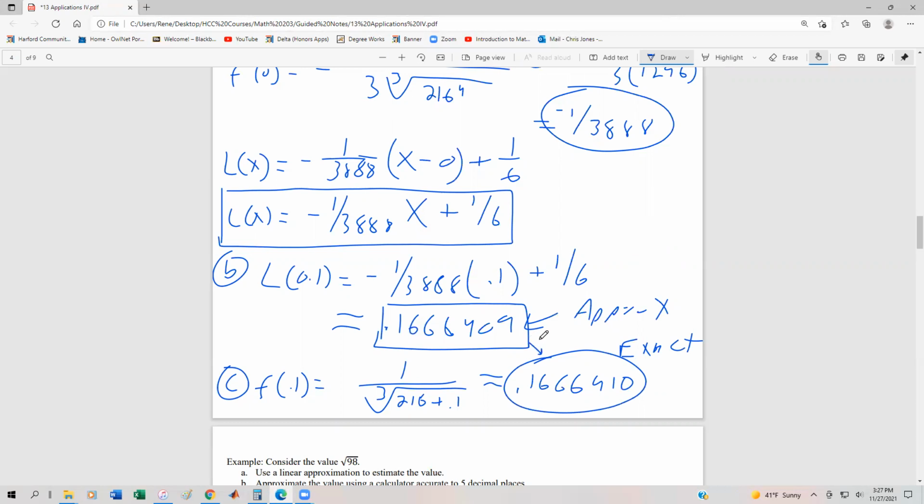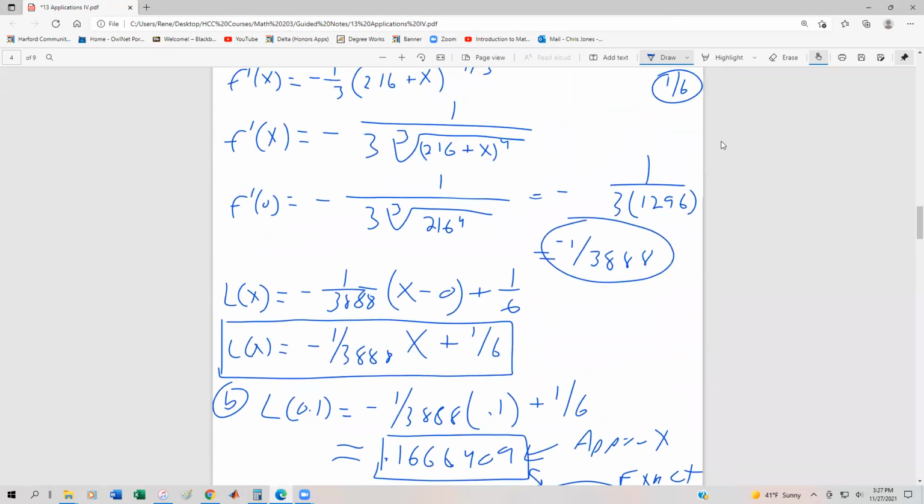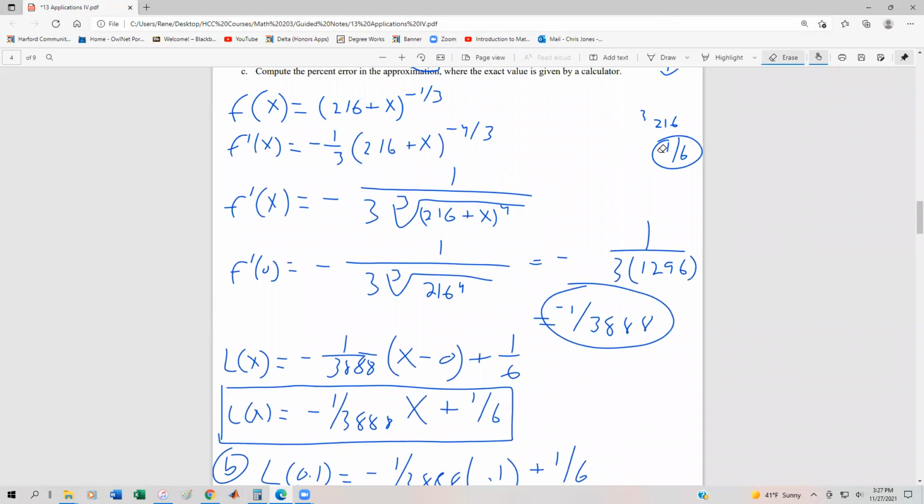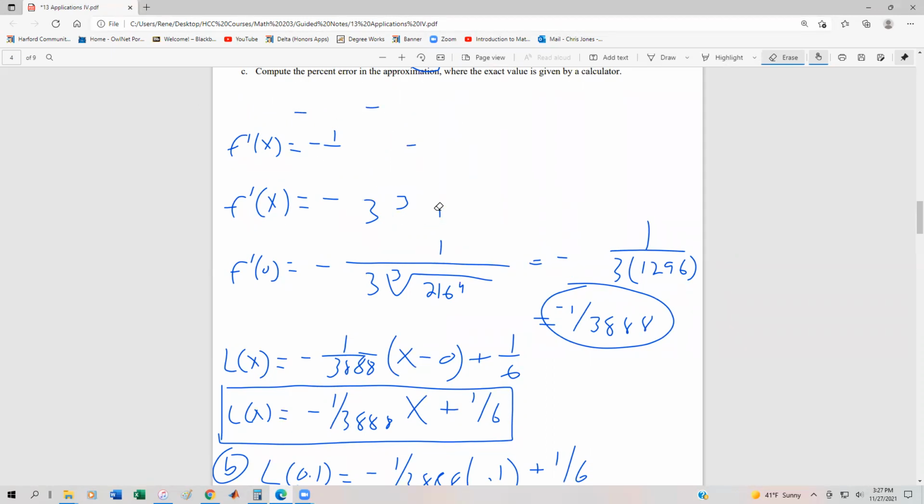All right, so let's clear a little bit of room out here so we can go ahead and finish this out for our part C. We can just find our percent error really nicely with this.